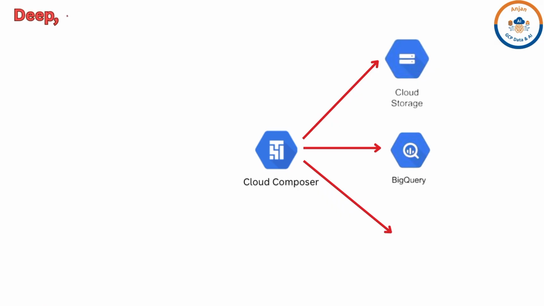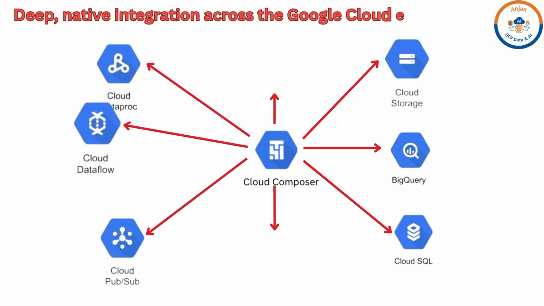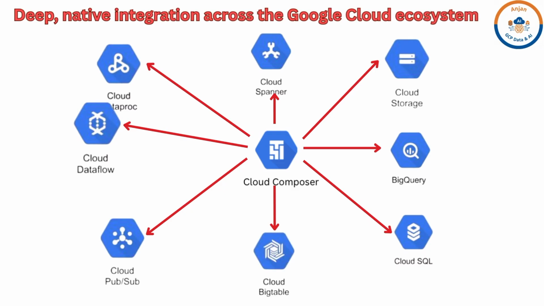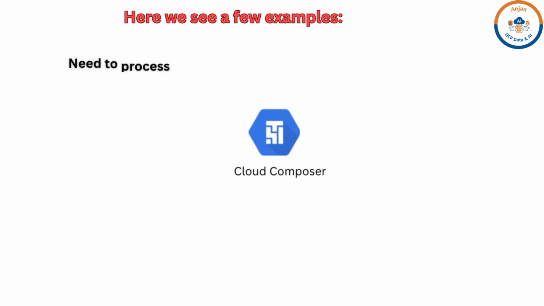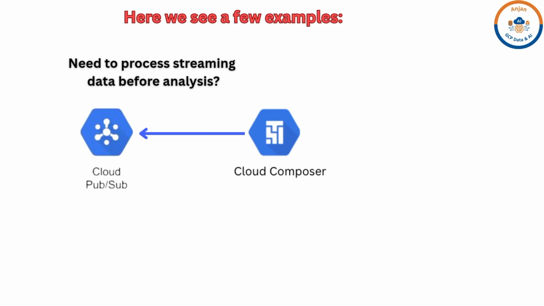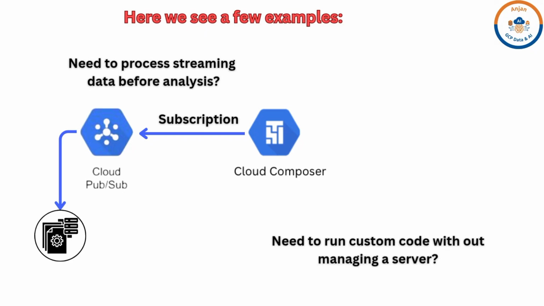One of the most powerful reasons to use Cloud Composer is its deep native integration across the Google Cloud ecosystem. Here we see a few examples. Need to process streaming data before analysis? Composer can trigger a Cloud Pub/Sub subscription to start batch processing. Need to run custom code without managing a server?